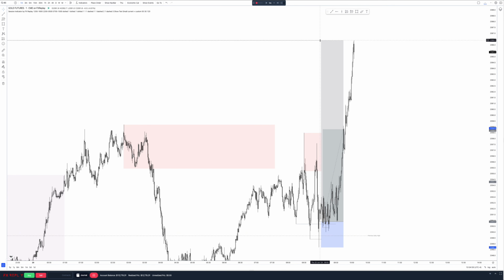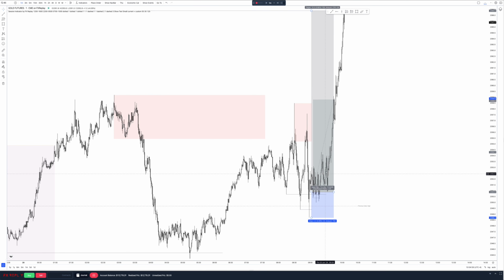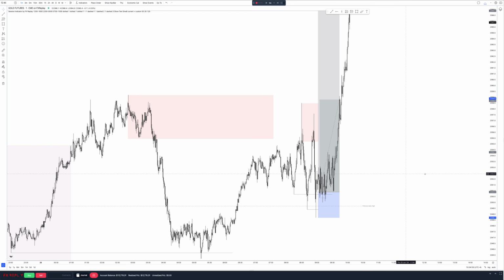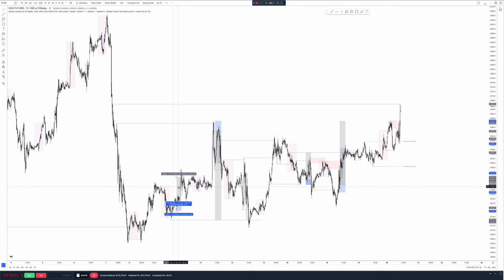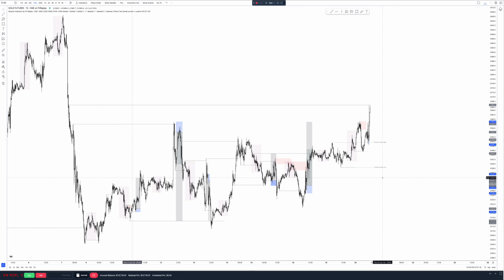Honestly, that was nice. Fortunately, we took an L over here, but we were able to catch long back up again. I know it wasn't really 10 trades. This is 1, 2, 3, 4, 5, 6, 7. But yeah, 7 trades.